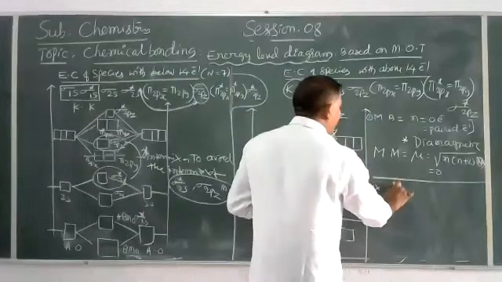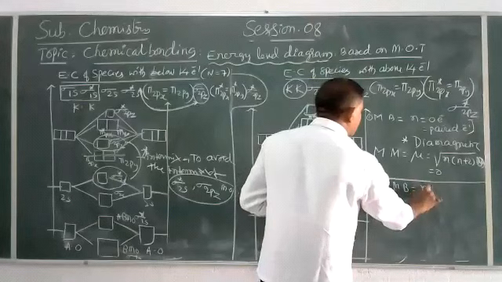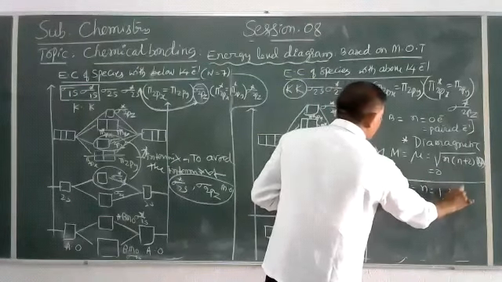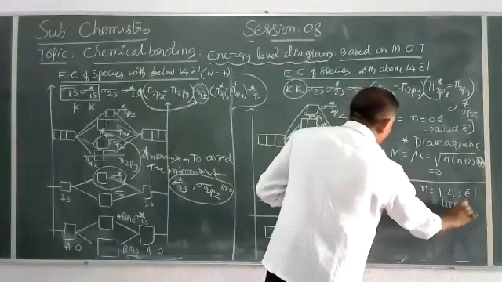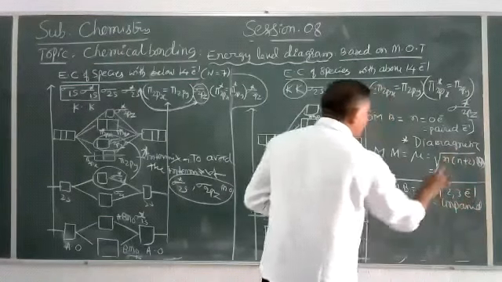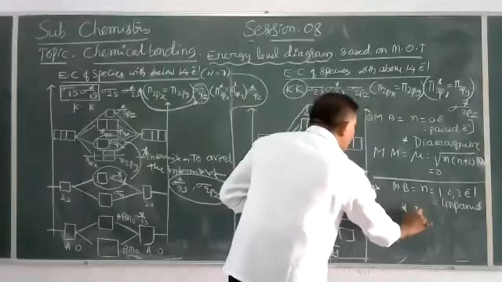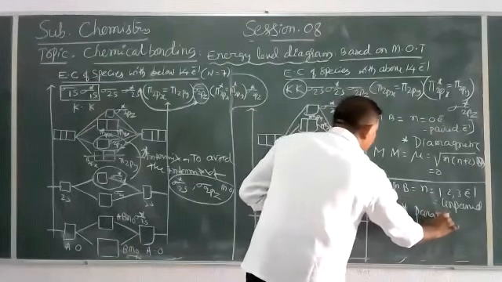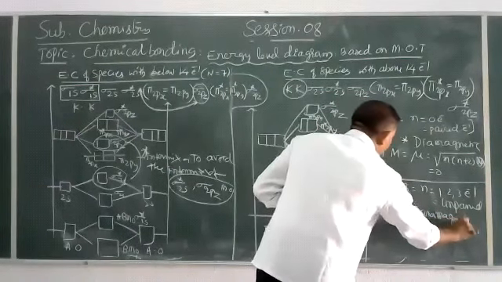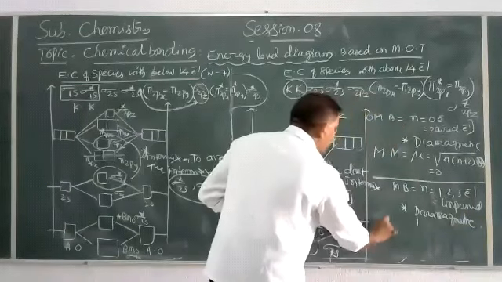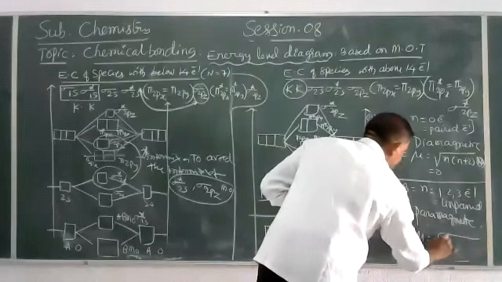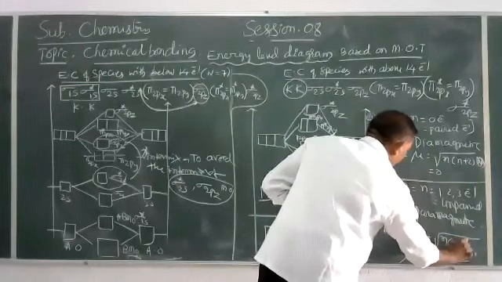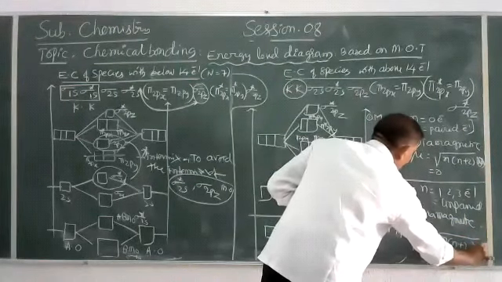Now for magnetic behavior, in this case n equals 1, 2, 3: unpaired electrons are present. On that basis it is paramagnetic in nature. Its magnetic moment mu is calculated by using the square root of n into n plus 2 BM, Bohr magneton.